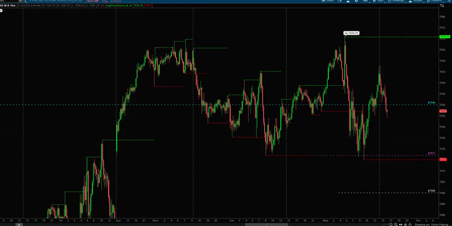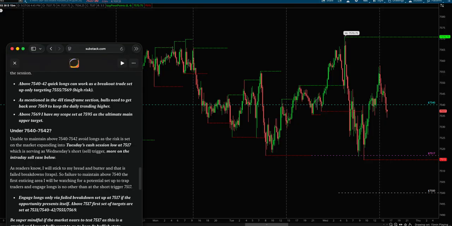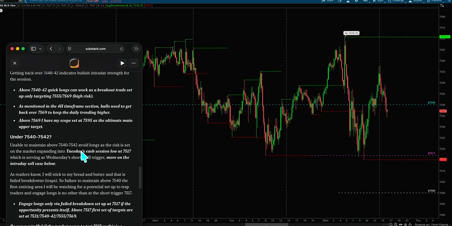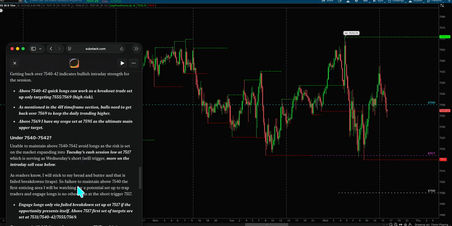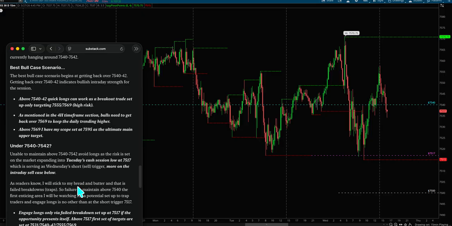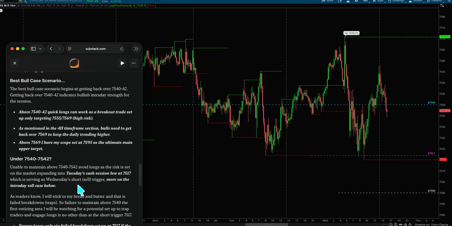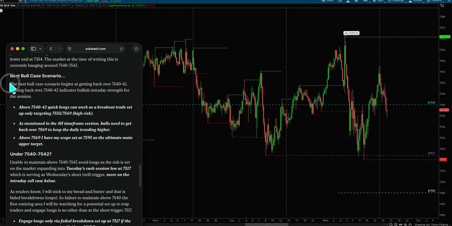Now, in yesterday's newsletter, let's go ahead and pull it up. Where is it? I had it here somewhere. Boom. Okay. In yesterday's newsletter, I discussed that the best case scenario obviously begins at getting back over 75.40.